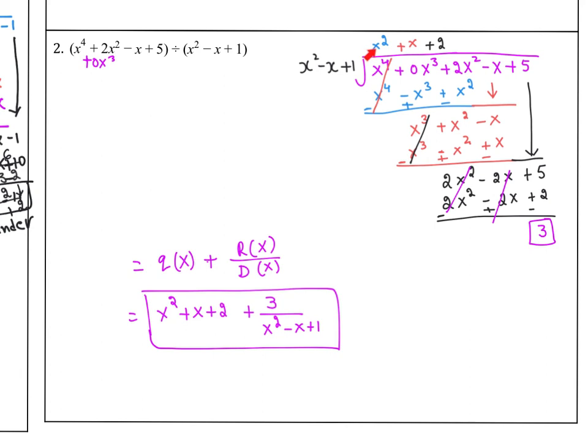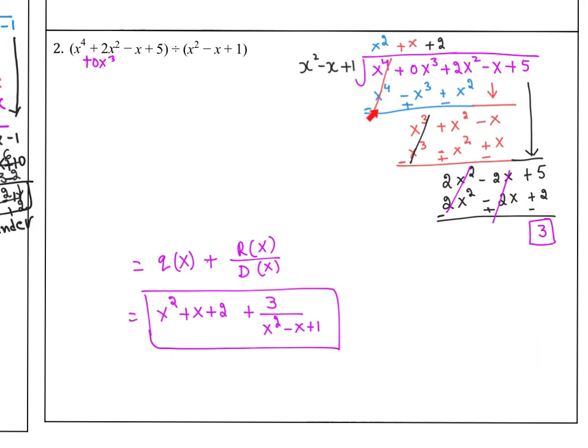So now you're going to choose a number that when you multiply with this one, you get x to the 4. So the number that is going to be 1x squared or just x squared. x squared times x squared is x to the 4. x squared times negative x is negative x cubed. x squared times 1 is x squared. Change the sign of all of them. So this one is negative, this one is positive, and this one is negative.